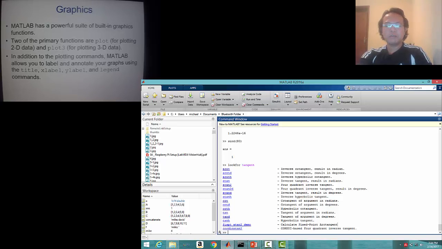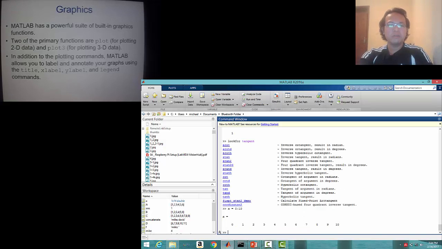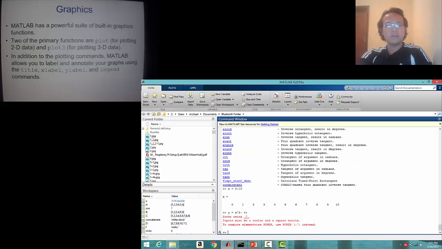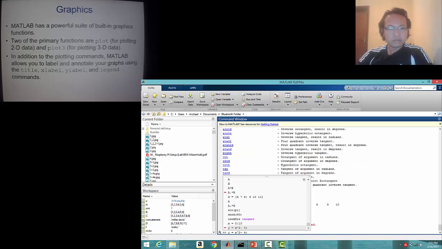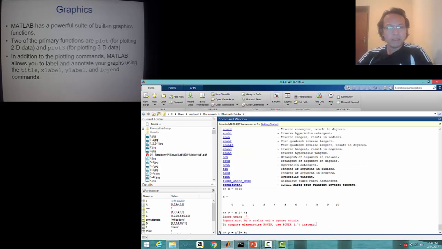Okay, so let's try to do that for a while. Let's say I will write here x is equal to 0 to 10, for example. And then y is equal to, let's say, x squared minus 4, for instance. Sorry, I made a mistake now.